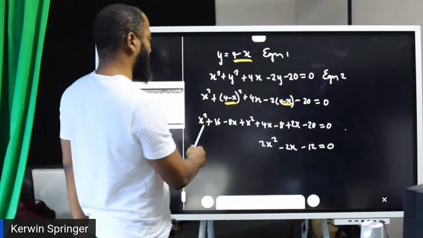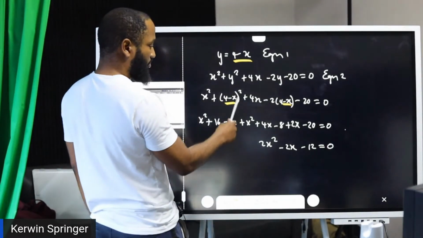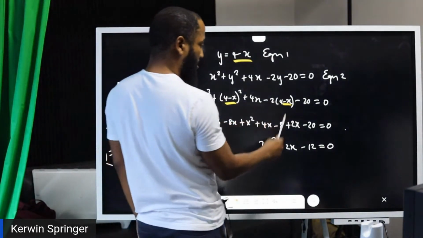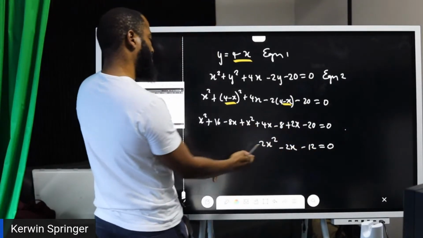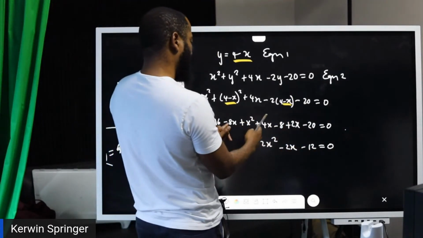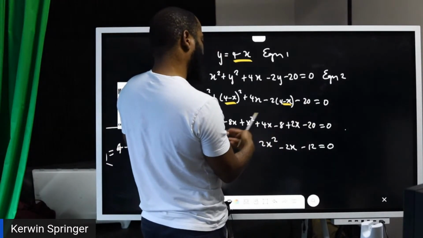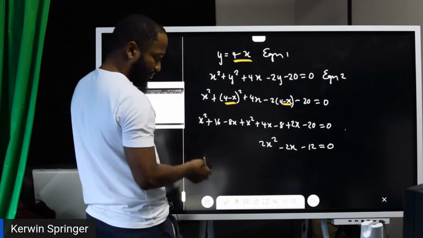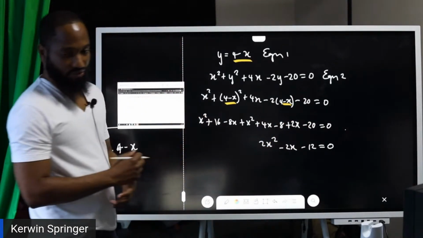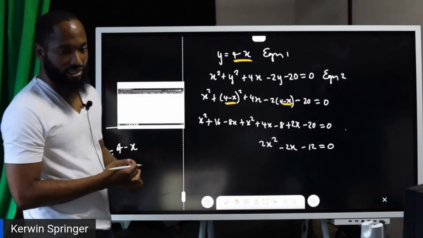So let me just double check this because I trust neither. So x squared, x's, x squareds, 6, 8, negative 12, right, 24. If we get a negative 24, we're most likely looking at what?